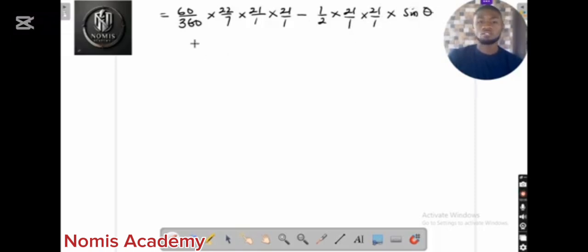So everything here is 1 over 6, right? Yes, 1 over 6 multiplied by 22 over 1 multiplied by 3 over 1 multiplied by 21 over 1. I believe you understood what I did here. 7 goes into 7 once, 7 goes into 21 three times. So we are left with 22 over 1 and 3 over 1, and 21 over 6.